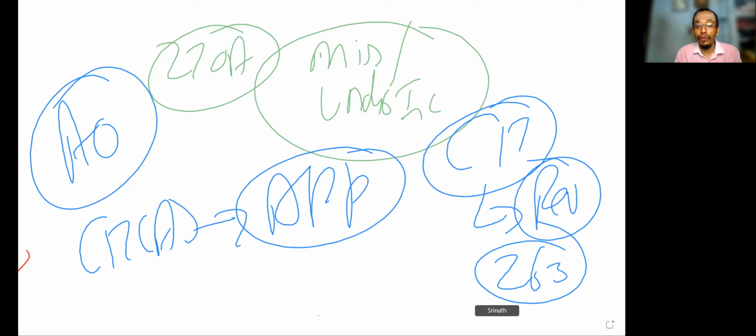So the CIT, CIT(A) or assessing officer can levy this penalty. How much penalty? Under what circumstances? How do we compute penalty? We are going to discuss that.